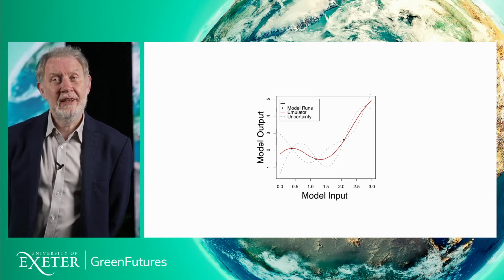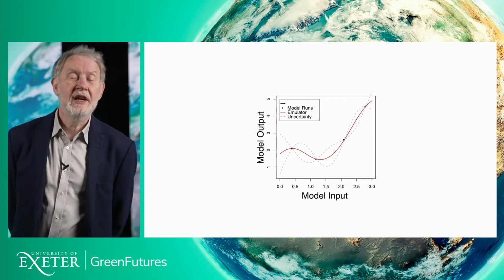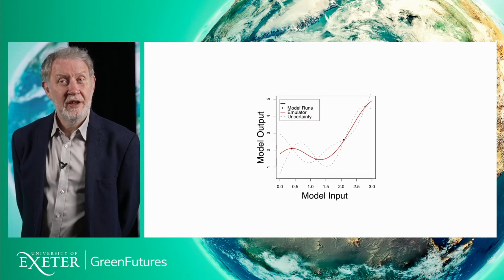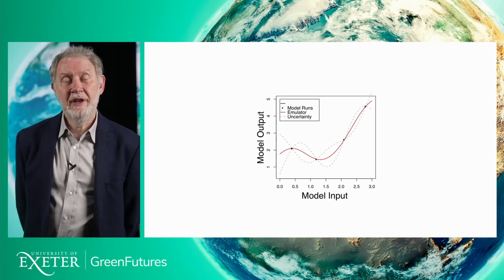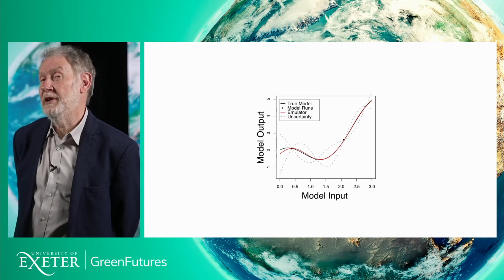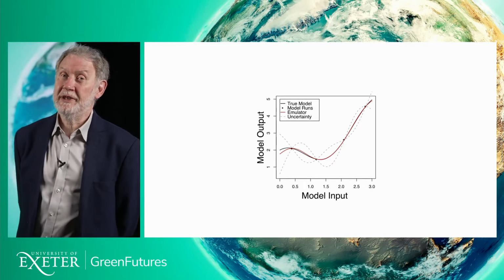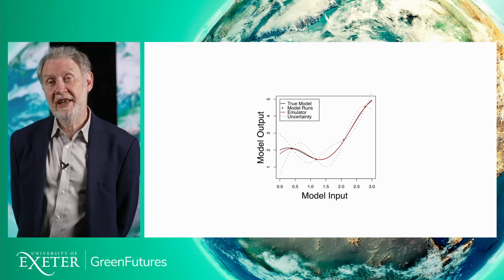And that red line is the expected value of that emulator. It's a probabilistic thing. And the dotted lines are the uncertainty. So it's exactly right where I've run the model, but it's not exactly right everywhere else. But if I now put the true model back on, you can see it's a very good approximation. So it approximates the model, but it gives us a measure of its uncertainty, so we can take that into account.